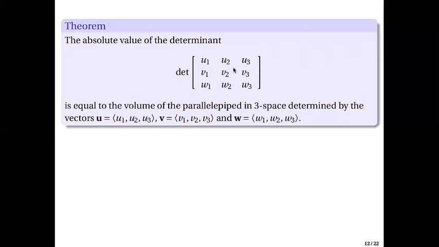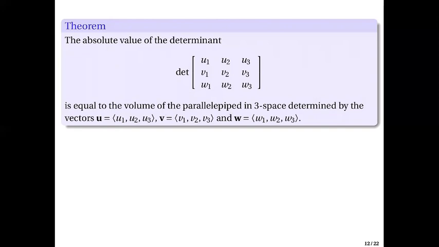Okay? The determinant here will give you the scalar triple product. Anyway, volume of the parallelepiped in three-space.